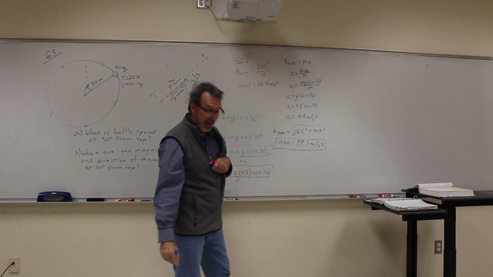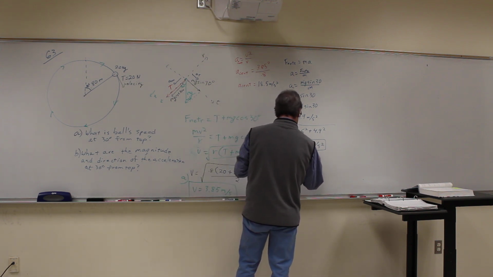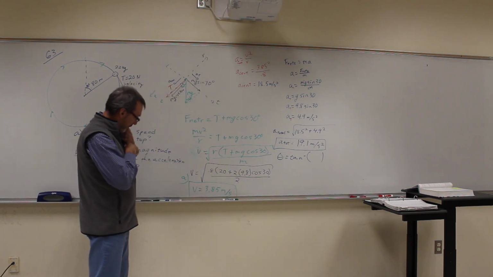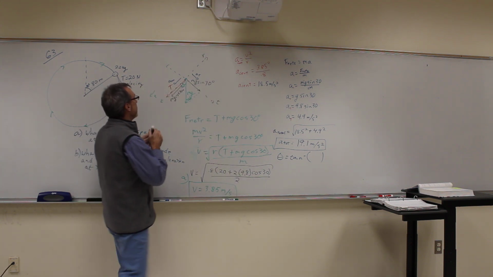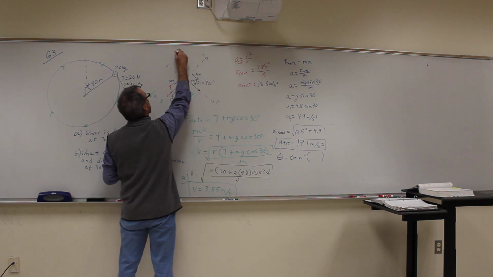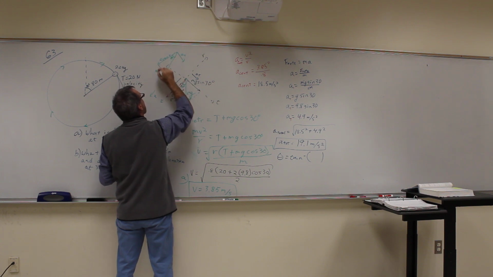And then we need to know the angle. And we're going to do the inverse tangent. And remember, it's opposite over adjacent, so it depends on what angle you want. I'm going to do it like this, so I'm going to draw it up here. So you have the tangential here, you have centripetal here, right? So I'm going to do it like this and figure out what this angle is. So the tangential is down here.